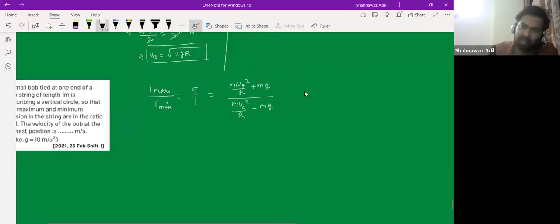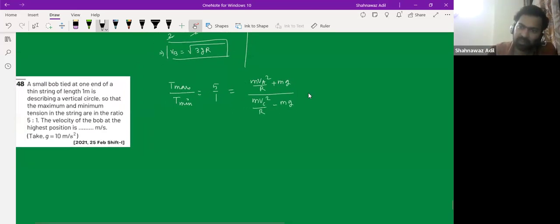So how can we find that out? If we simplify this and take it to the other side, mVA square plus mgR divided by R, divided by mVC square minus mg, and now we can also take out this m.